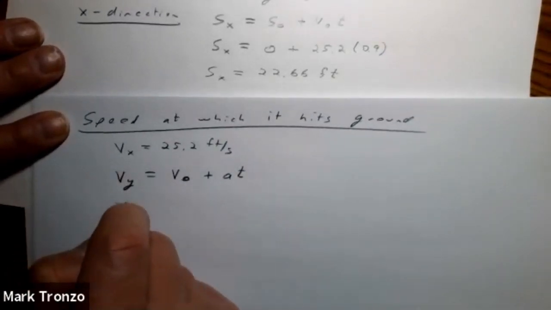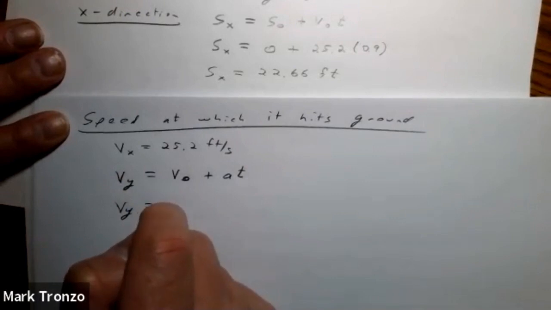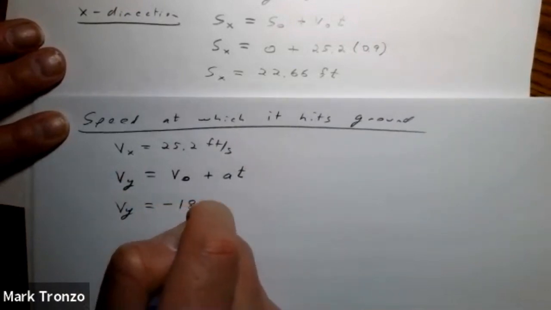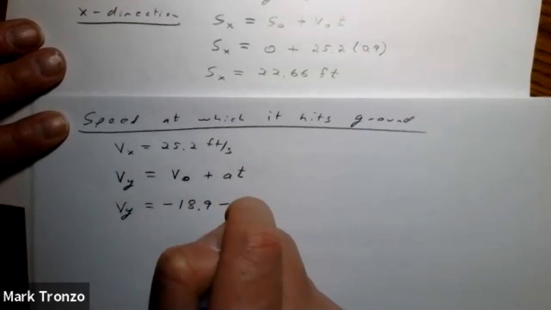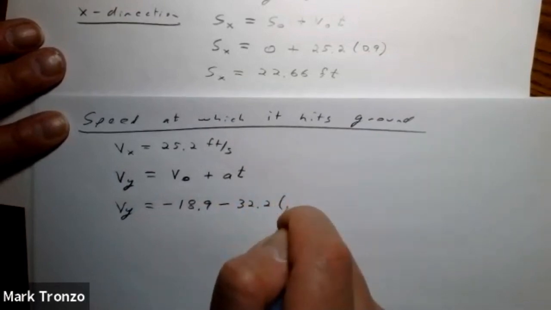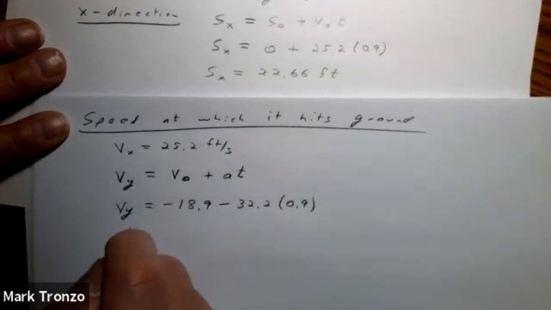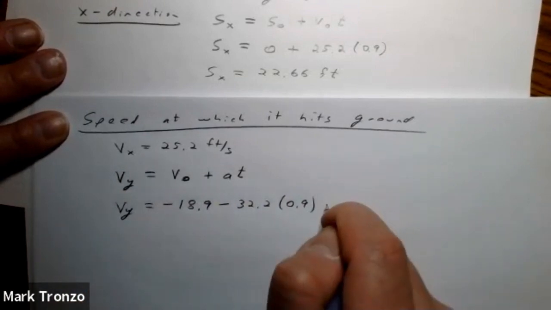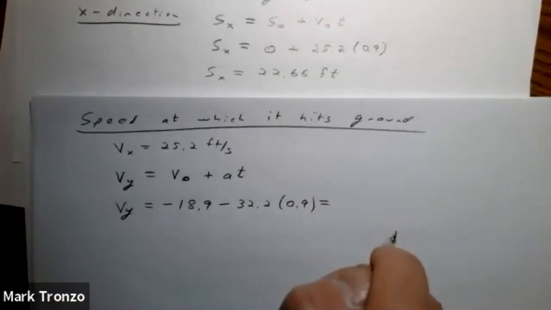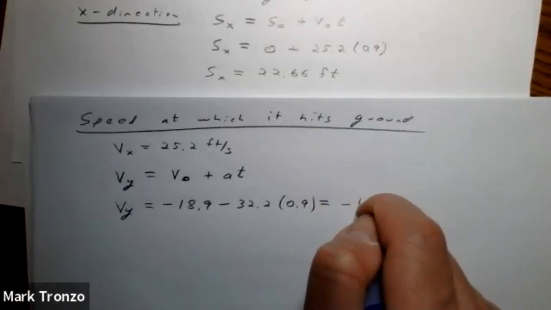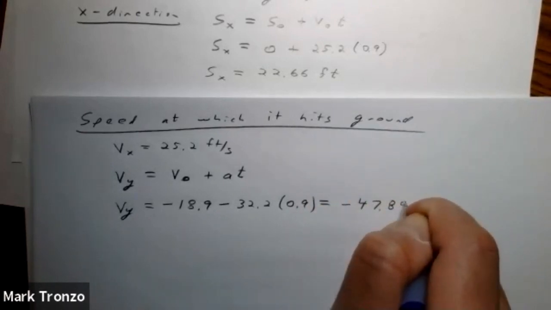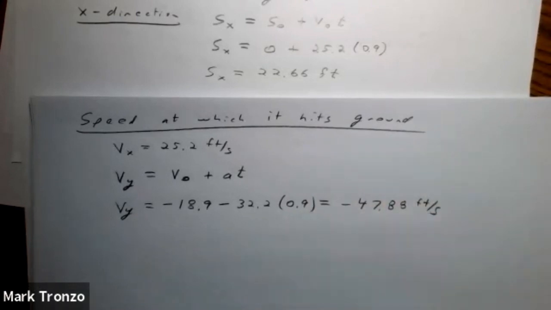So the velocity of y is our initial one, minus 18.9, minus 32.2 times 0.9. Looks like minus 47.88 feet per second.